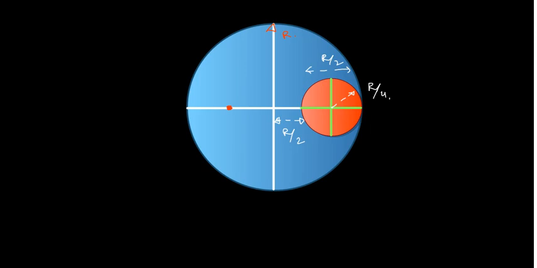And there I have chosen a point X, and this point X is also at R by 2 on the left side. There I have to find the electric field.